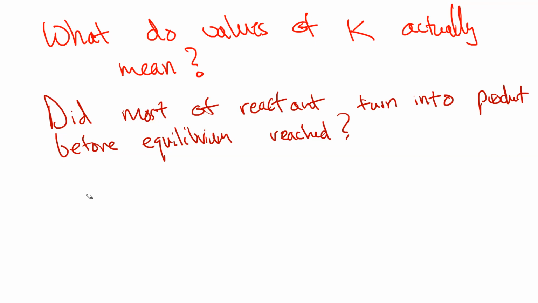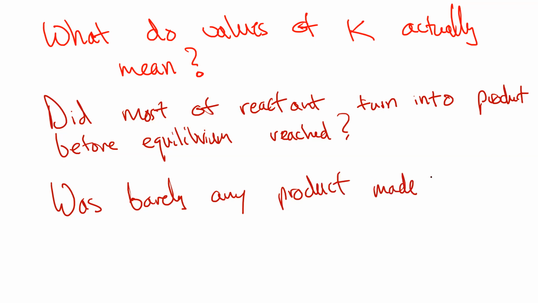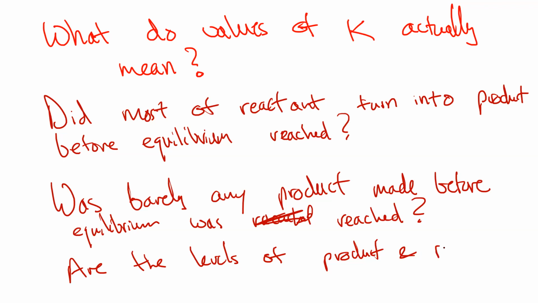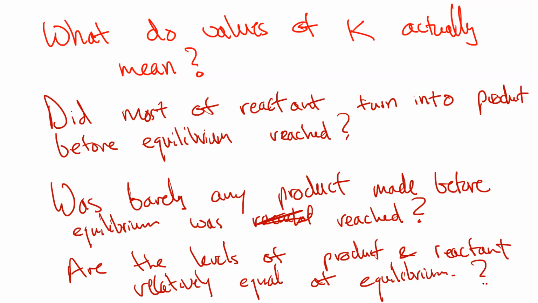Or, there was barely any product made before equilibrium was reached. Are the levels of product and reactant relatively equal at equilibrium? These are all questions answered by the size of K.